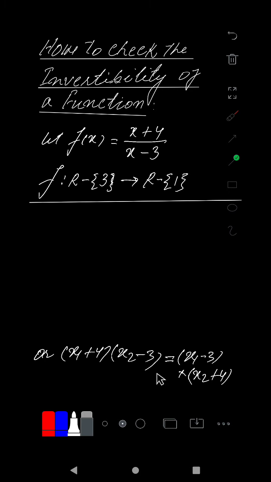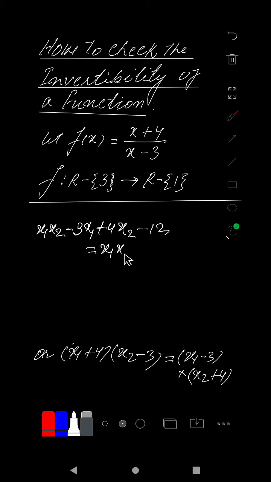Now proceeding from this step, multiply these two brackets together: x1 into x2, x1 x2, x1 into minus 3, minus 3x1. Then 4 into x2, we get 4x2. And 4 into minus 3, minus 12, is equal to, now multiply these two: x1 into x2, x1 x2.